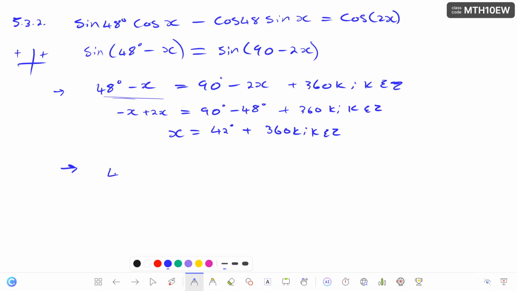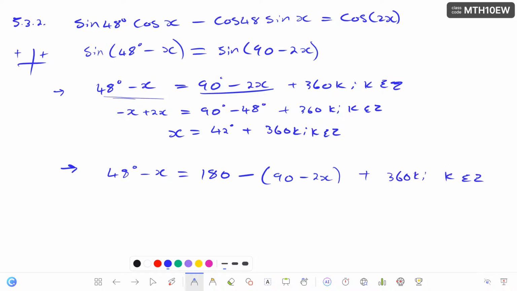So you're going to say 48 degrees minus x is equal to 180 minus this angle. So it's going to be 90 minus 2x plus 360k, where k is an element of the integers. So now let's solve.